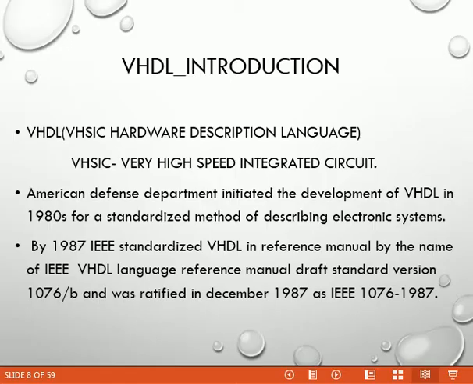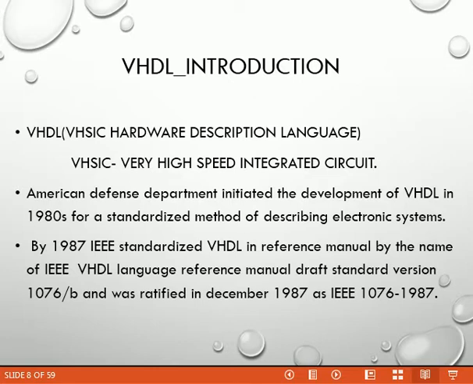After that there were many inventions and modifications from the 1980s to 1987 in this VHDL programming, and then in 1987 it was standardized by IEEE in the reference manual named IEEE VHDL language reference manual, draft standard version 1076/B, and it was ratified in December 1987 as standard IEEE 1076-1987.